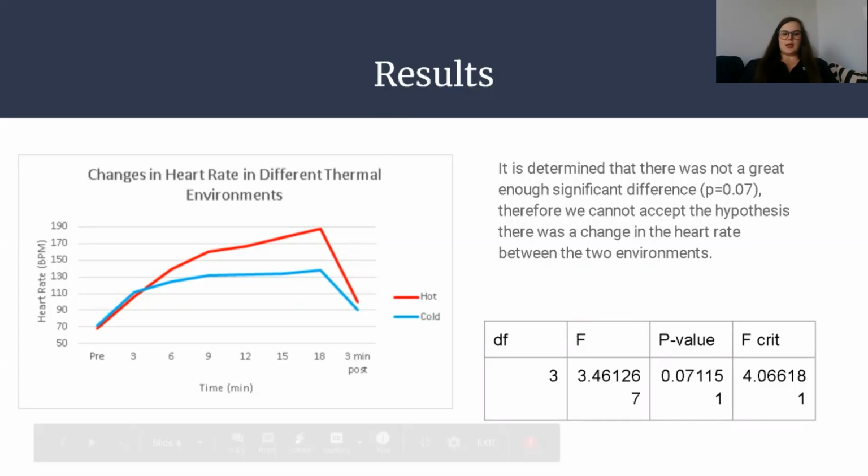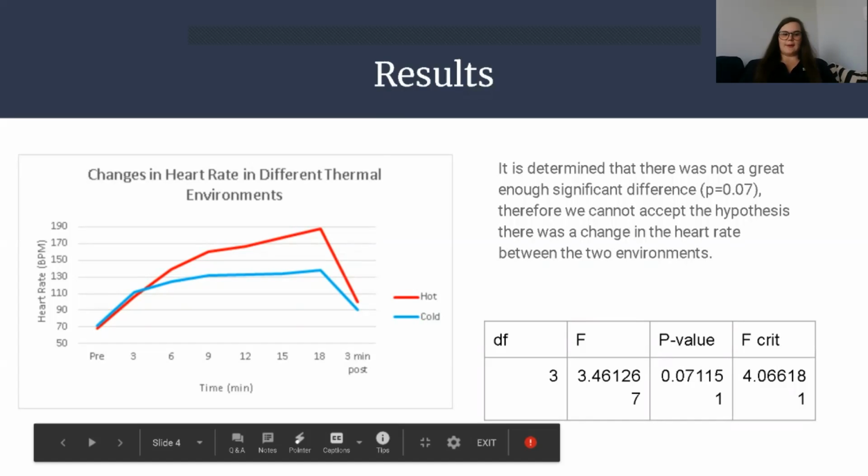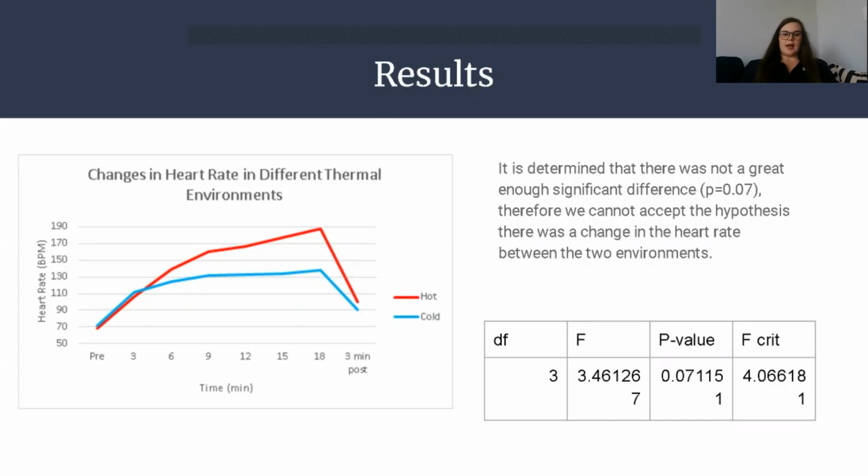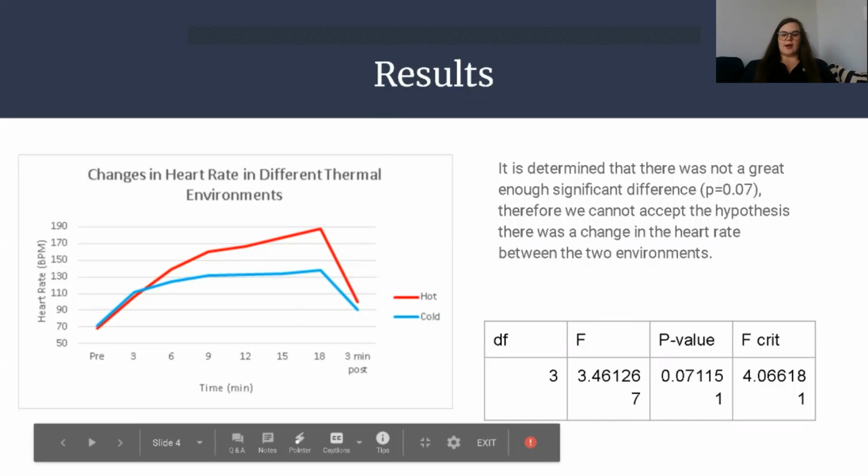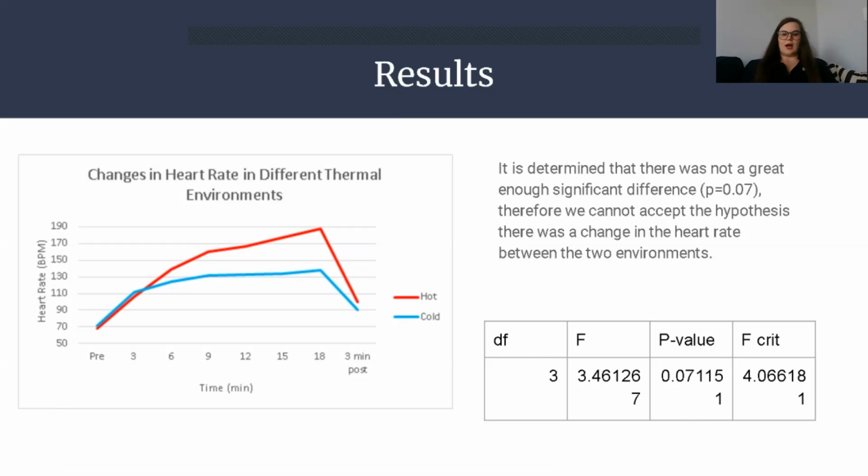As you can see here, there's some overlap, and then there's maybe some significant difference between the inside and then down below. But unfortunately, we are just shy of being significant at a 0.07 value.